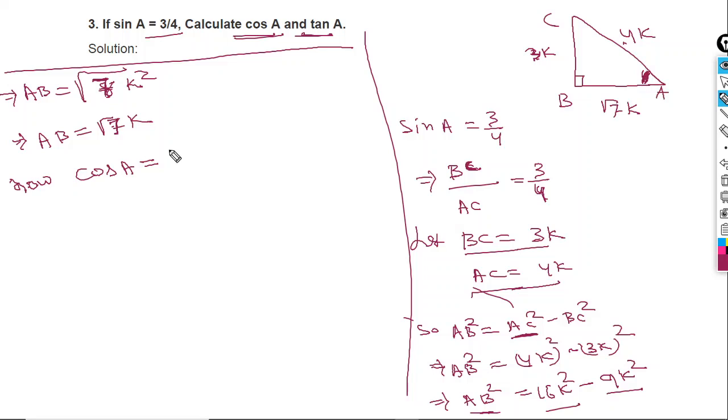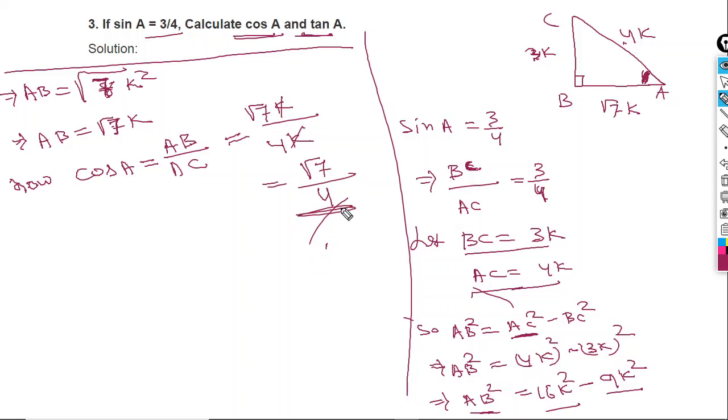So cos A equal to AB by AC, which is equal to length of AB is root 7K, AC is 4K. Now K cancels, it will be equal to root 7 by 4.